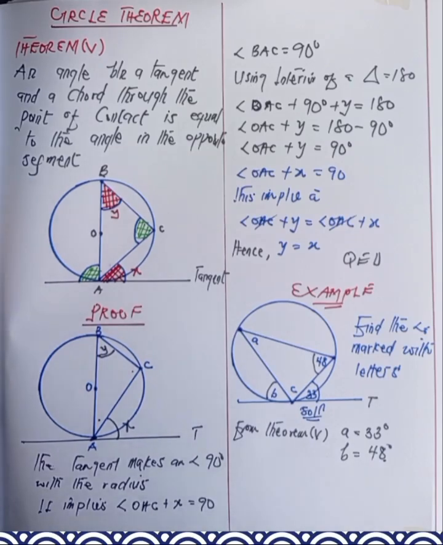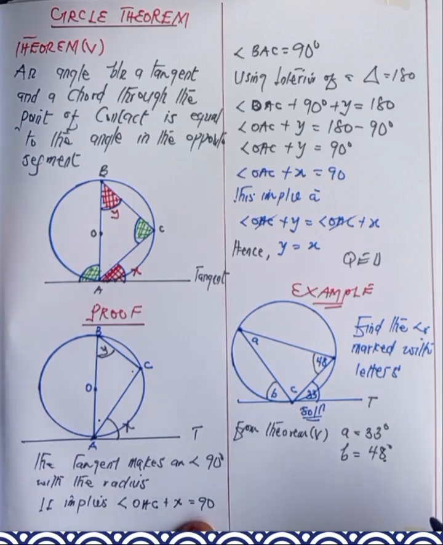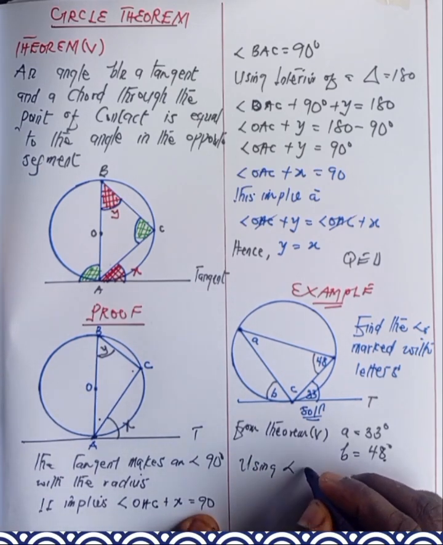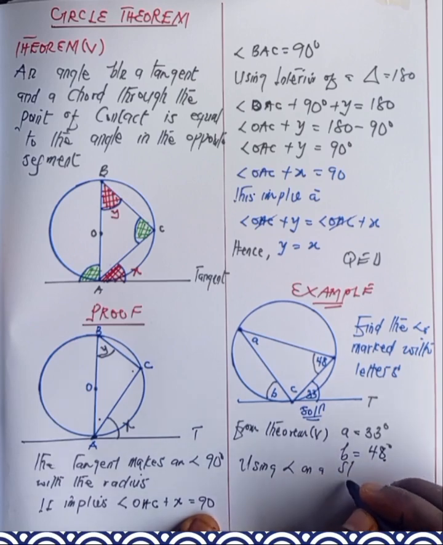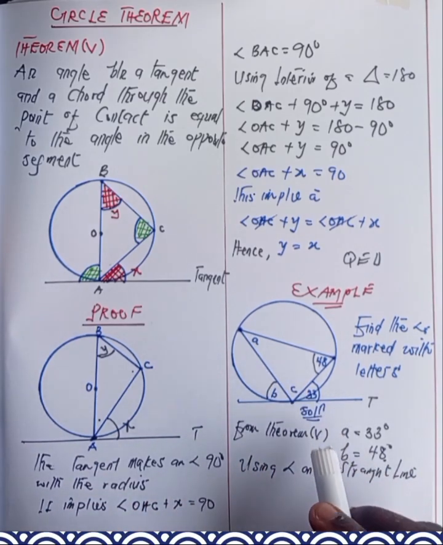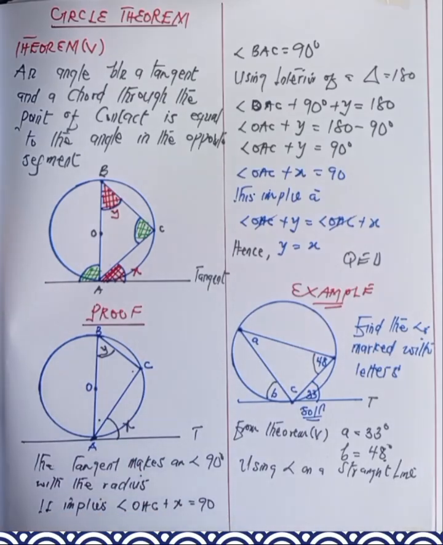Now what we are left with is C. We can find C when we apply what we call angle on a straight line. So using angle on a straight line, we can say that B plus C plus 33 should give us 180.